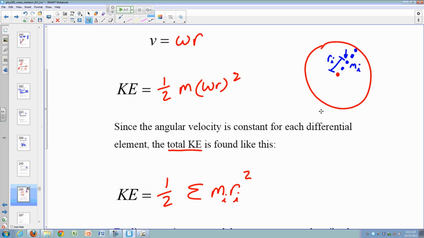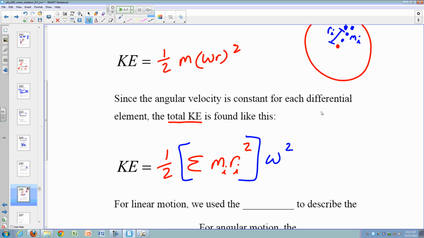So each differential element has a different quantity for that mr squared. That's going to be my summation. However, each of them has the same omega. I'm going to break it into an infinite number of pieces, so I'll let i go from 1 to infinity.